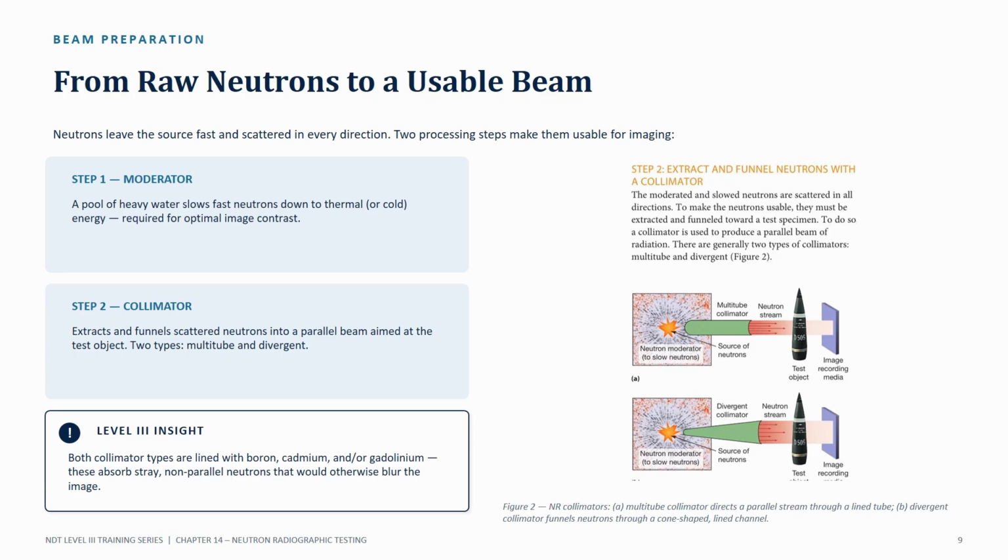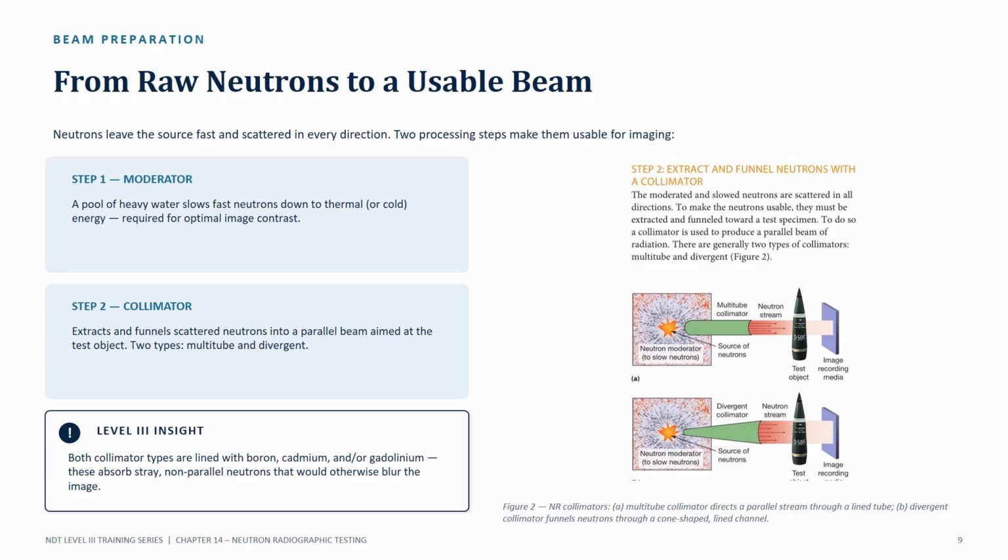When neutrons leave their source, they possess very high kinetic energy. These are known as fast neutrons. While fast neutrons are energetic, they are not ideal for high-quality neutron radiography because they interact less effectively with many of the materials we want to inspect.